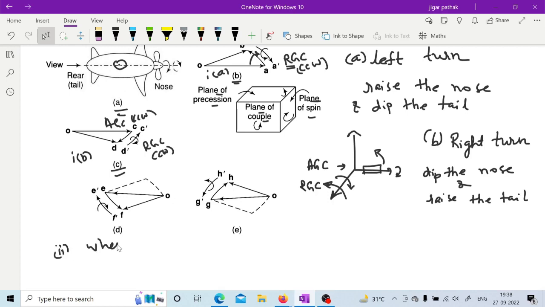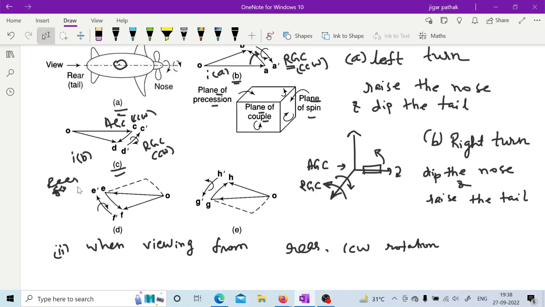Okay, now let us go for the second case, in which, when viewing from the rear, we have seen clockwise. Now if you have anti-clockwise or counter-clockwise rotation, viewing from the rear, then the vector will be towards you, because the viewer is at the rear.